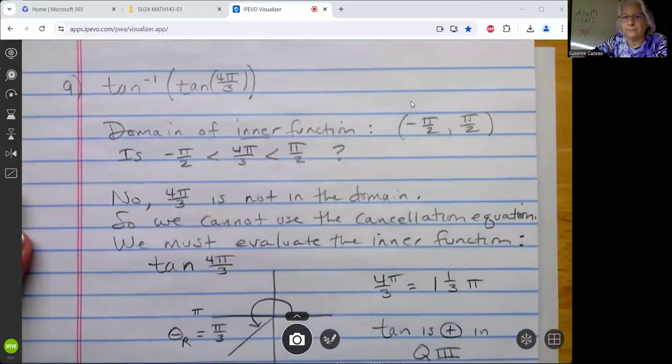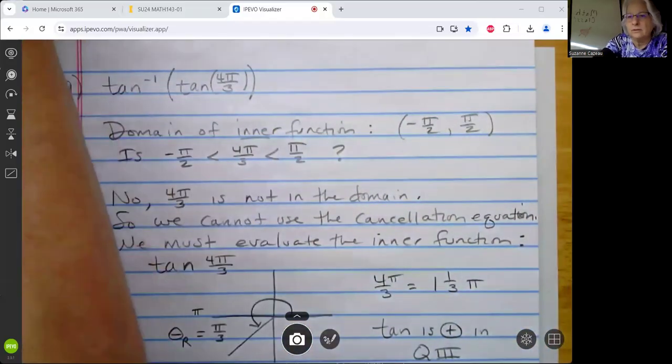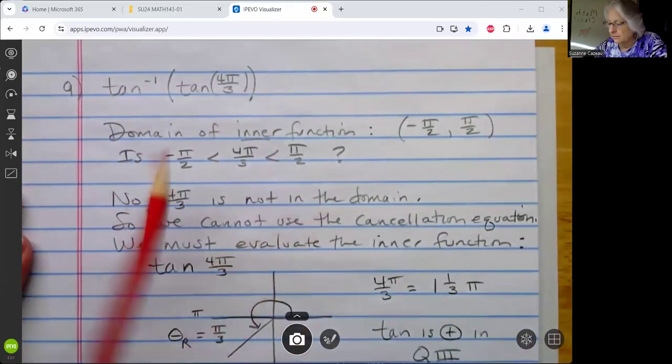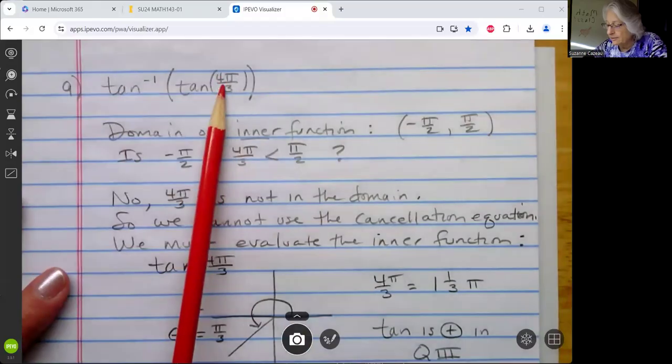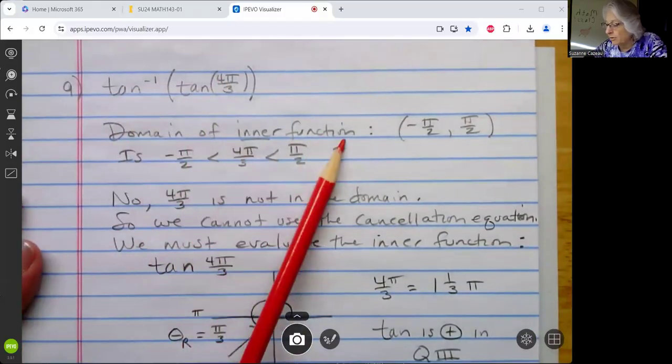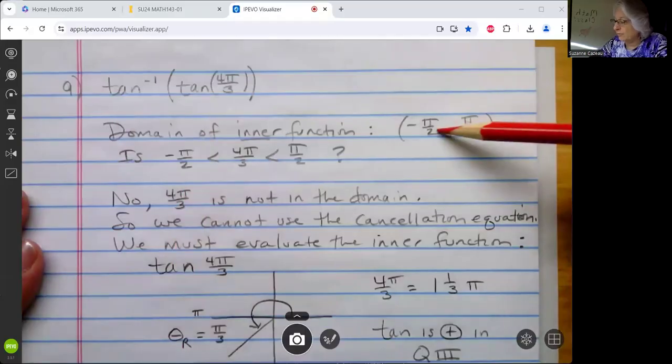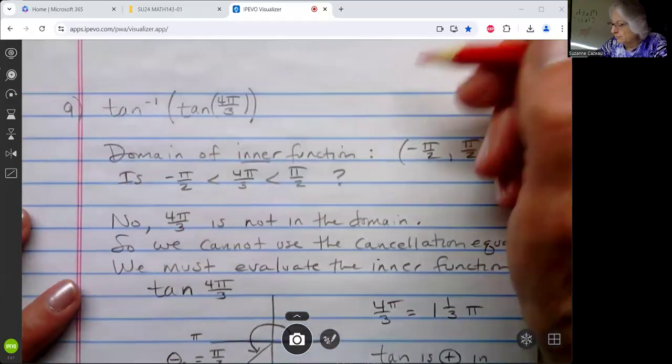So here it is. The domain of the inner function, well, that's just negative pi over 2 to pi over 2, right? What did that look like?